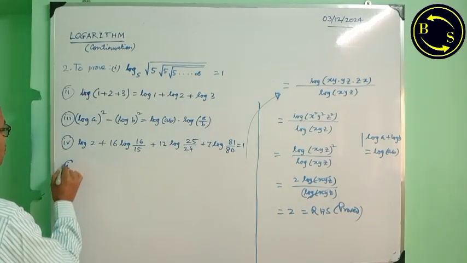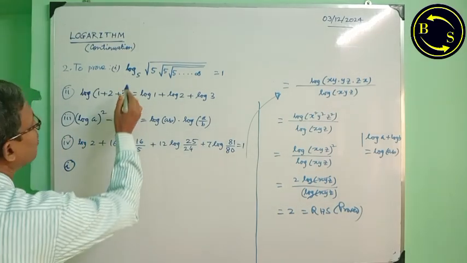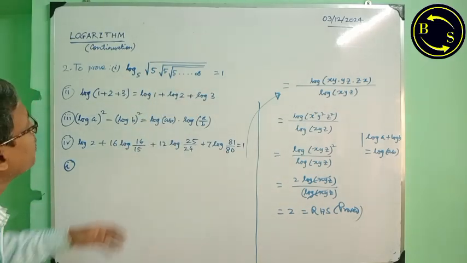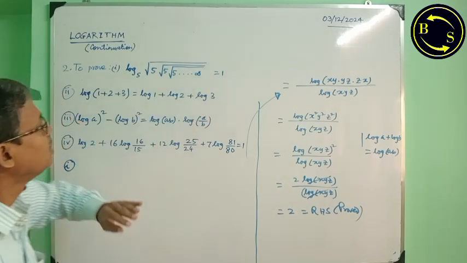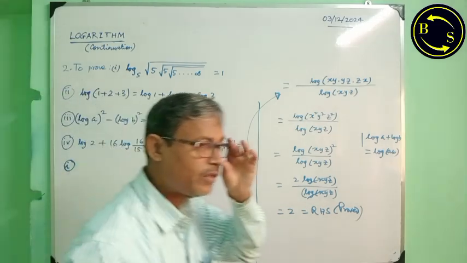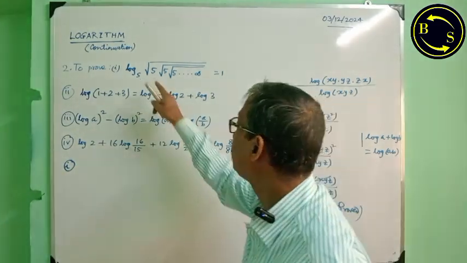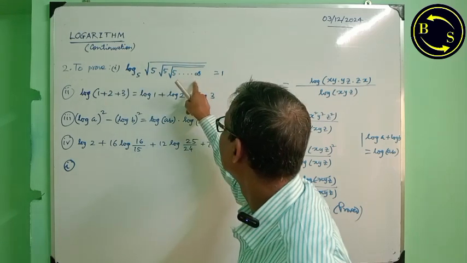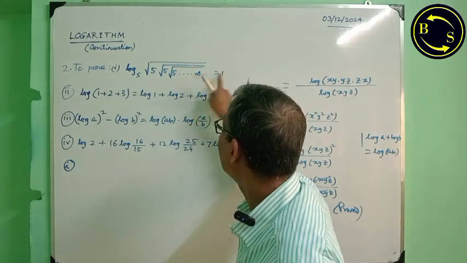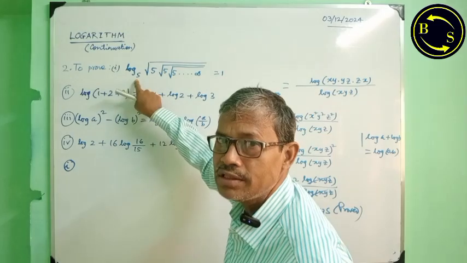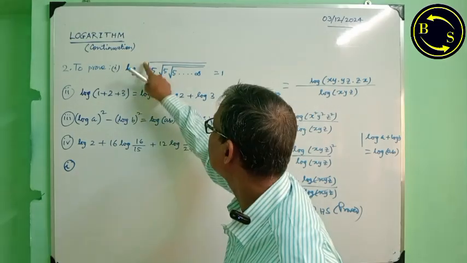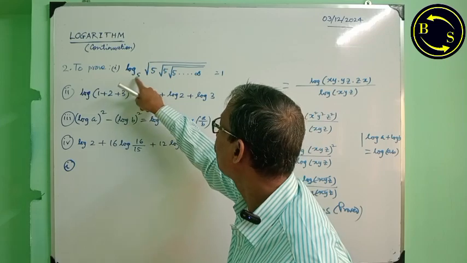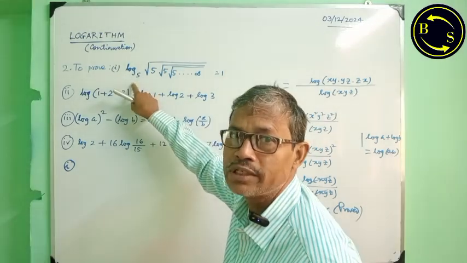Number 1, log of this one, that will be equal to 1. For solving that, first of all, I calculate the value of this one, this part. Since it is 1 and we find the base is 5, that means it should be equal to 5. So that log of 5 to the base 5, that will be equal to 1 as per formula 1.